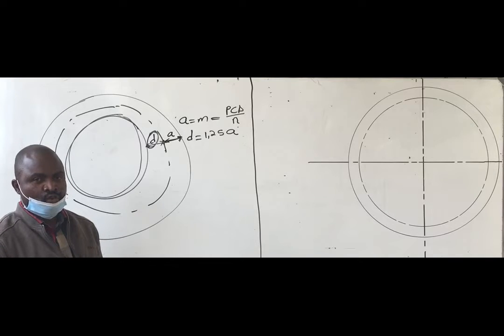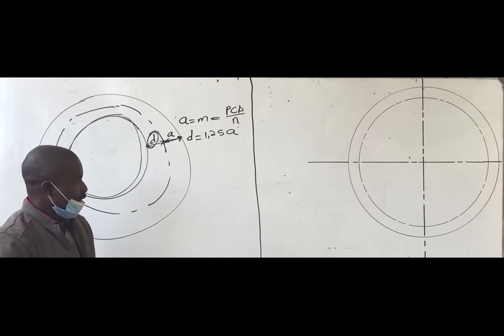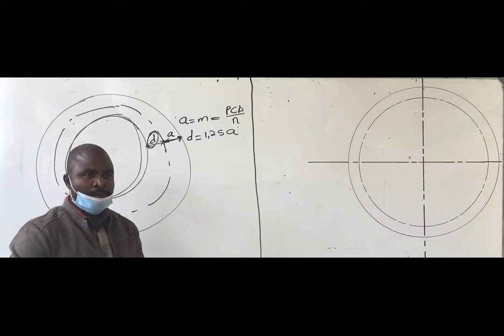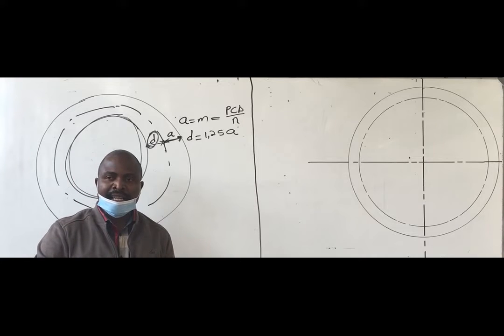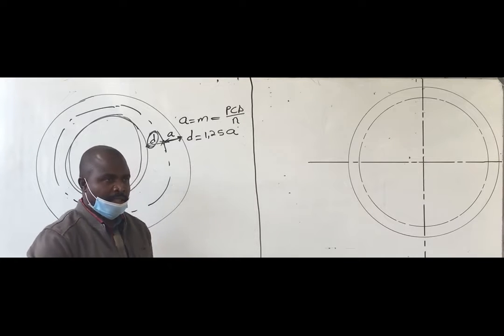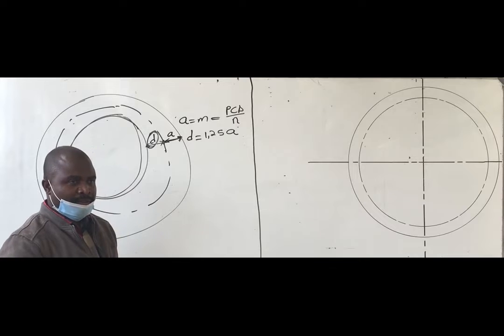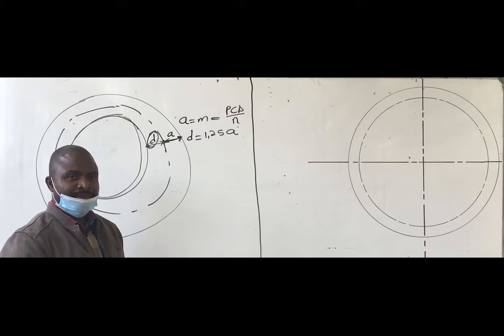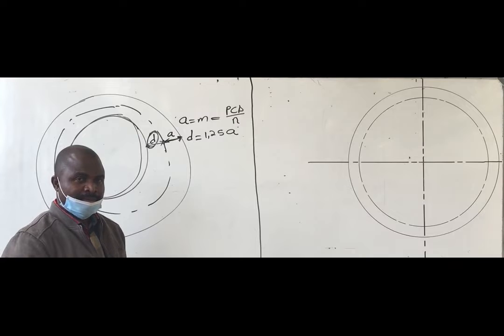I need the value, not the formula. Our dedendum is going to be 12.5, ne? Do you all understand that value? Yes, 12.5. The formula is 1.25 times addendum.